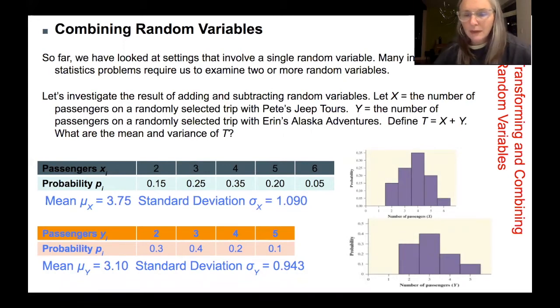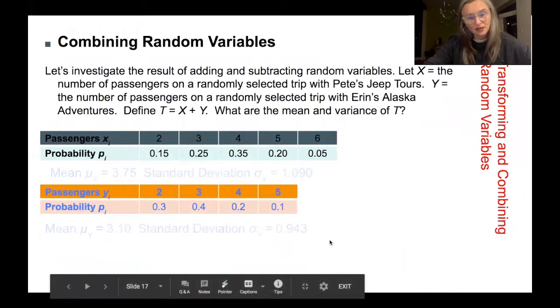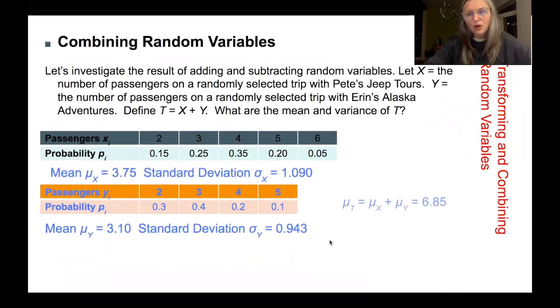Okay, and so the question is, if I want to find the mean and standard deviation of the sum of these two situations, or the sum of these two tours, what does it look like? So what it turns out is that I can just add the means together and I will get the mean.